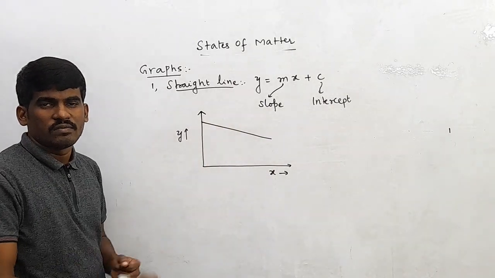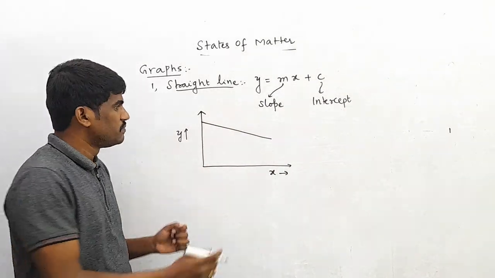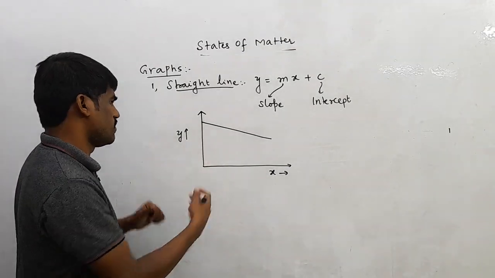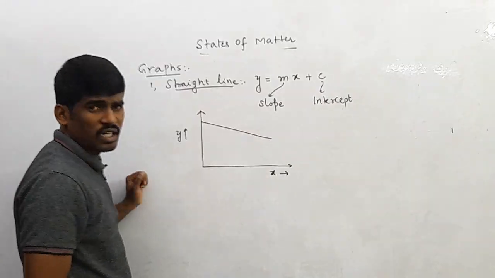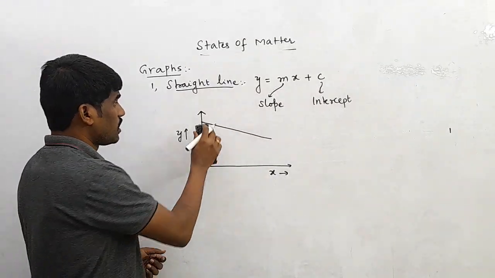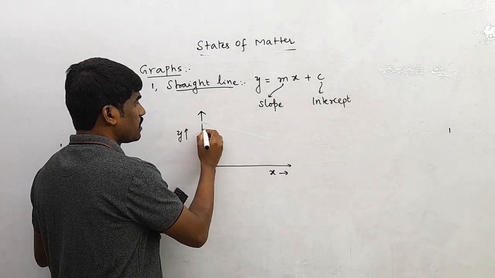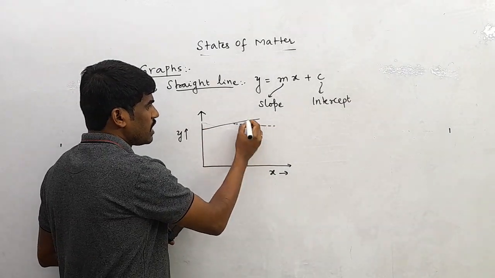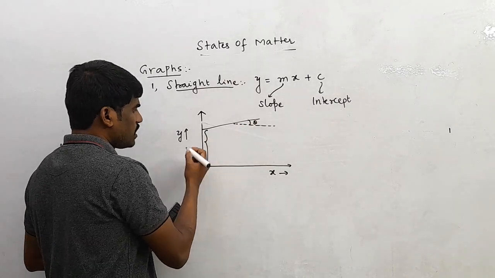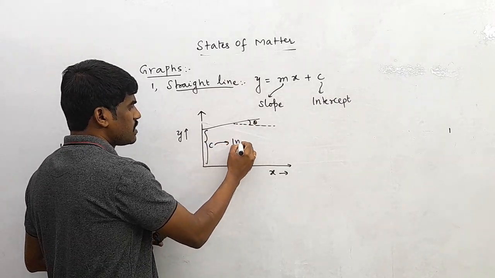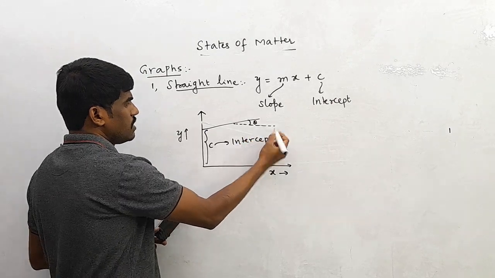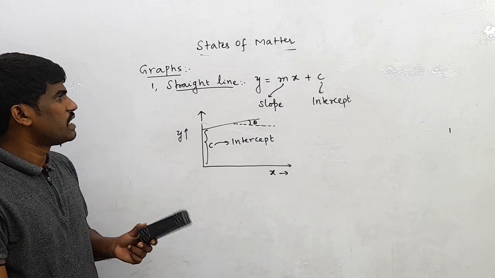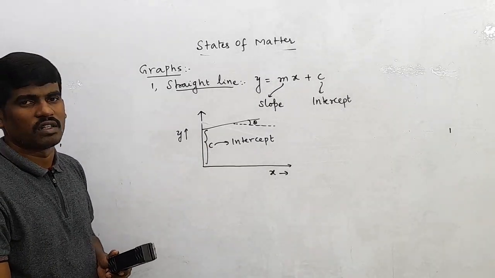Yes, it is the equation of a straight line, and with that equation, this kind of graph or this kind of graph also can be drawn. It is also correct, or else you can take this kind of graph also, right? And it is the slope, where it can make an angle of theta, and this can be taken as c, that c is the intercept. This is the first kind of graph, the straight line.